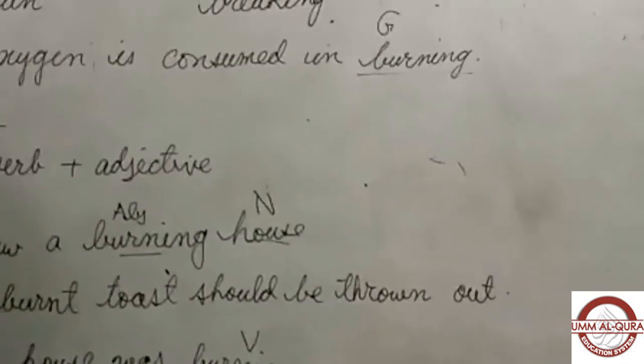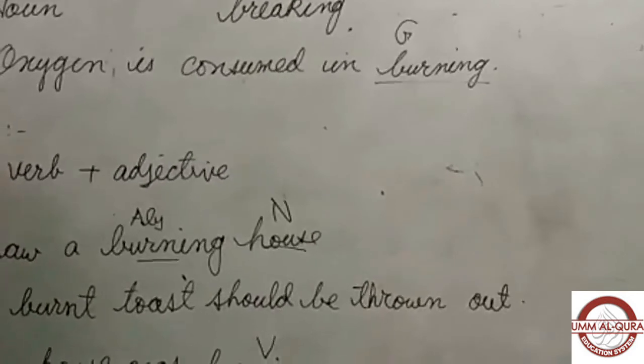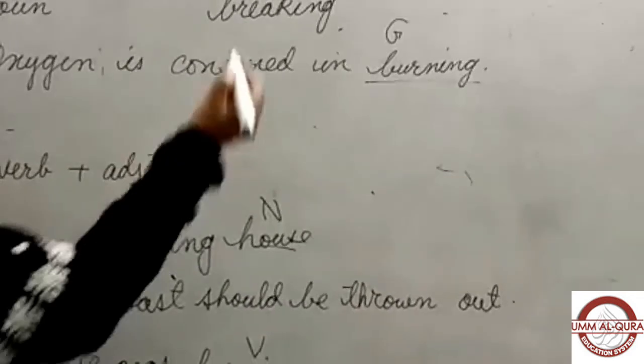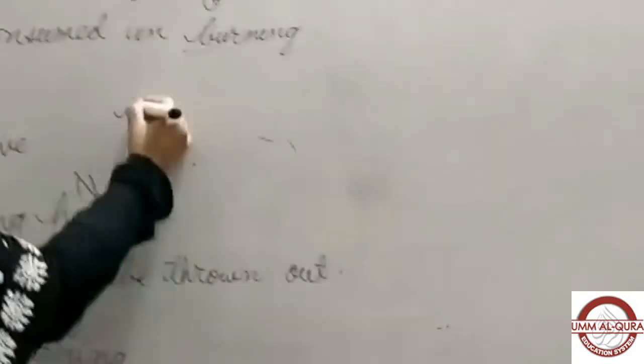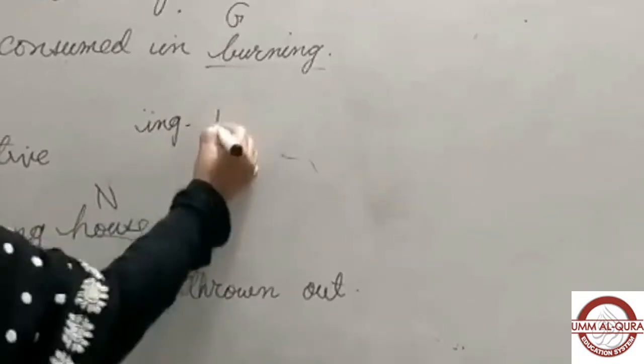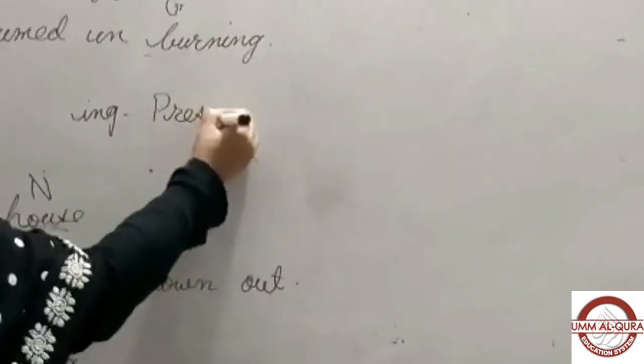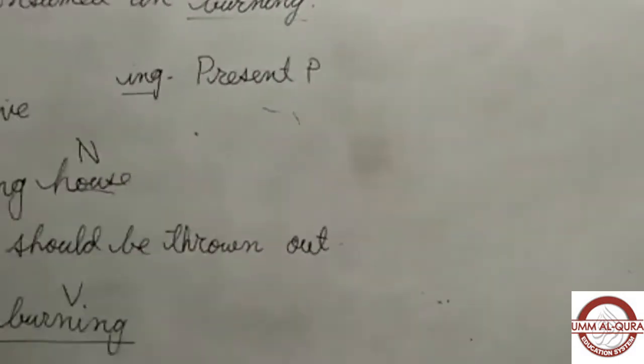But participles can be present participles or past participles. If they come with the -ing form, then we say they are present participles. But if the fourth form of the verb is used, we say these are past participles.